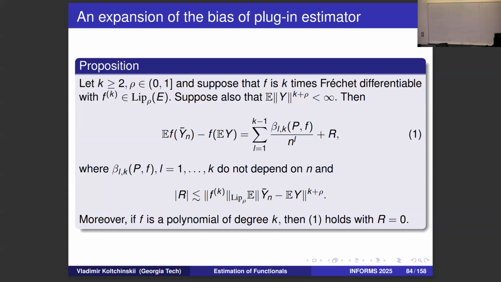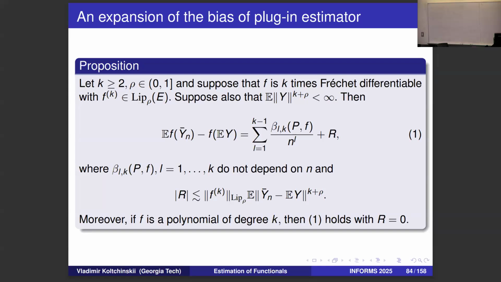And in this formula, there is some remainder that is bounded this way. So there is a power already, high enough power, if we have enough smoothness, of the deviation of the sample mean from the expectation. So we could hope that this will be small, okay?